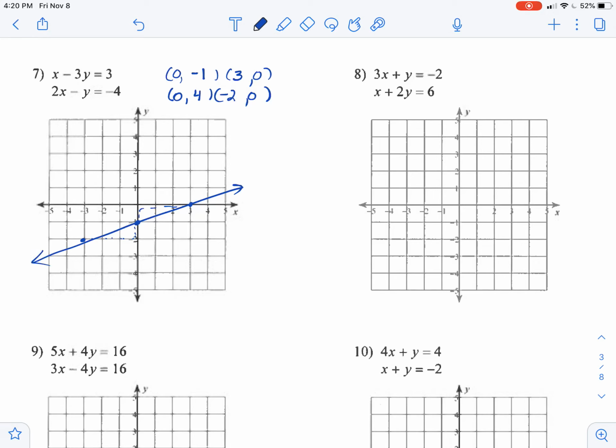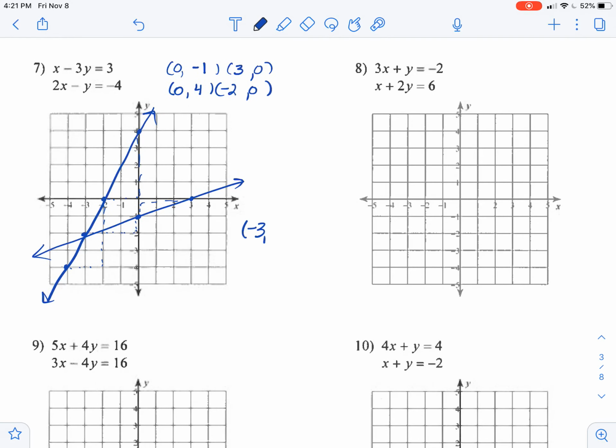I have 0, 4 and a -2, 0. Okay, and again, if I look at my slope, I go down 4, left 2. So I can do the same thing, down 4, left 2. Okay, and get me my points. And so there's my line. Okay, so my answer here would be a -3, -2.